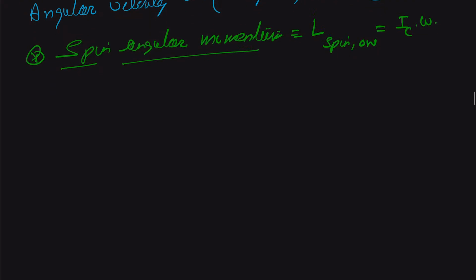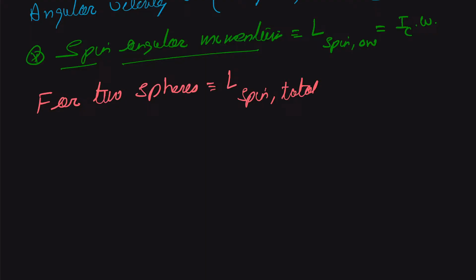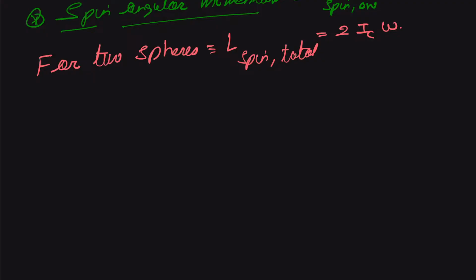We have two spheres, so for two spheres, L spin total will be equal to twice Ic times omega.